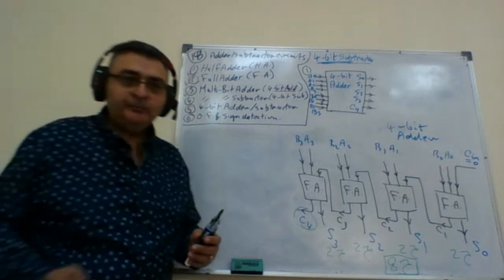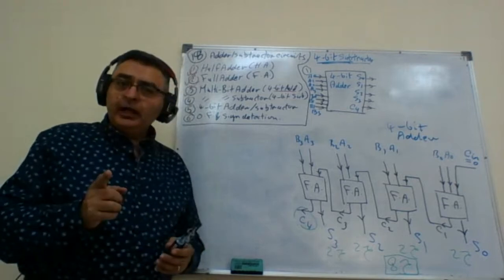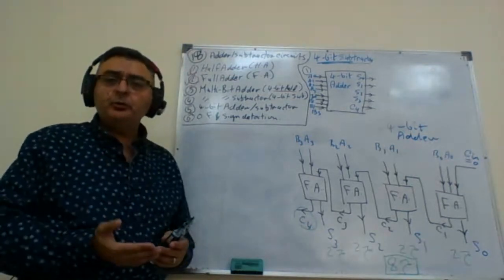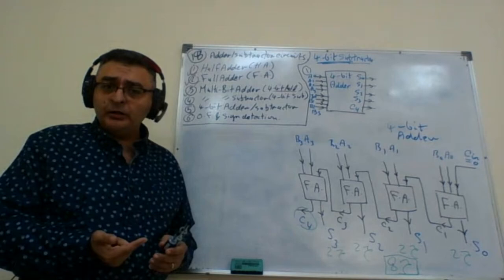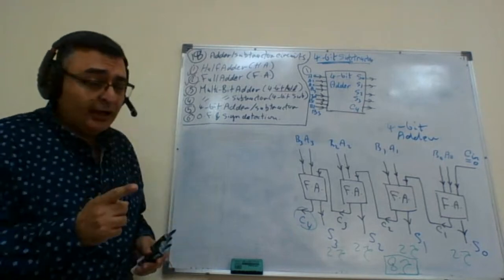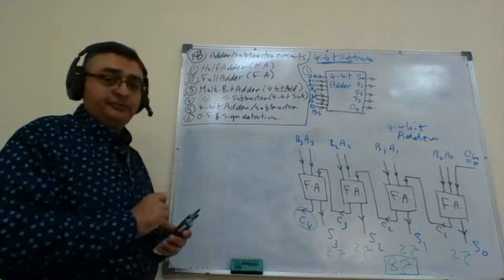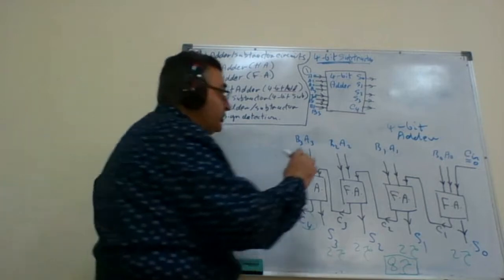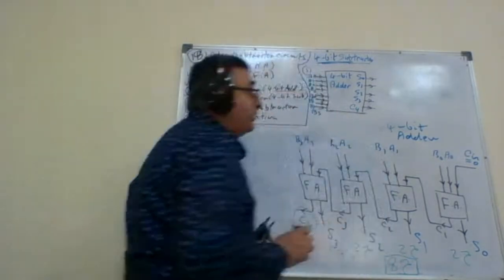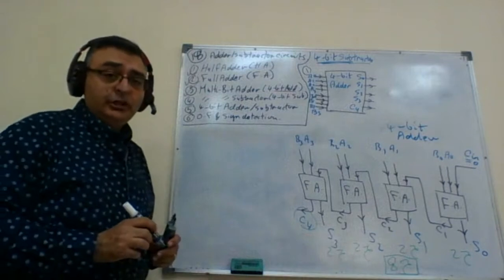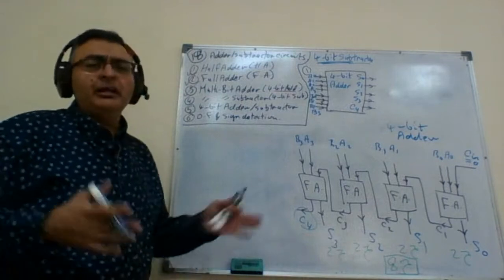We already have learned how to do the subtract operation in chapter number 1. So let's go and review the operation of subtraction. How can I do a subtraction between two numbers, assuming that each of them is 4 bits or any number of bits?